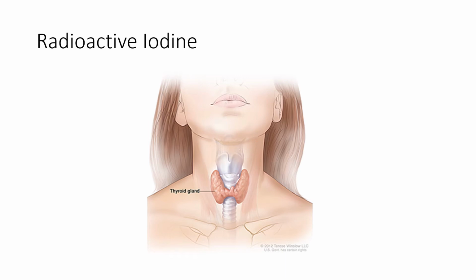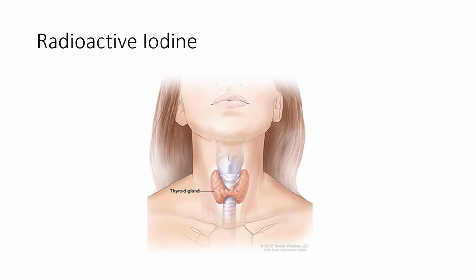Iodine also has isotopes, and one of them is radioactive. They found that ingesting radioactive iodine pills could actually destroy someone's thyroid gland.